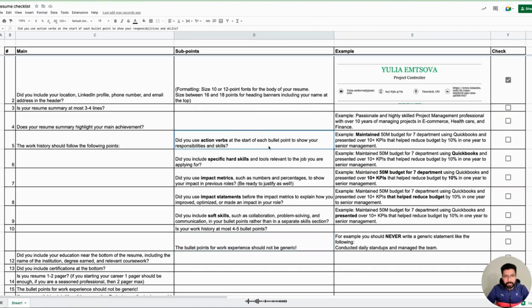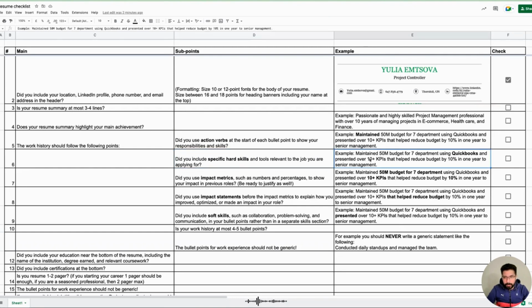So your bullet point should always start with an action verb. So if it's a company that you've worked at in the past, it should start with an action verb, for example, maintained. And then you should include specific hard skills in that bullet point as well.